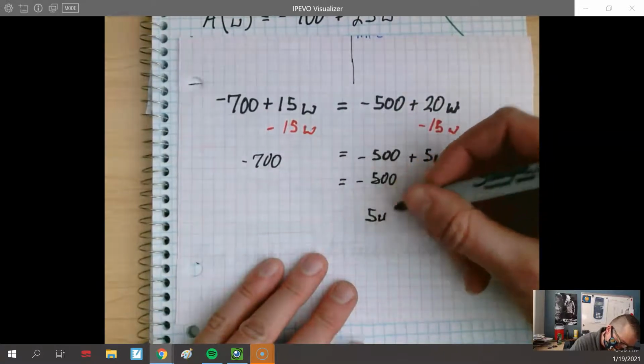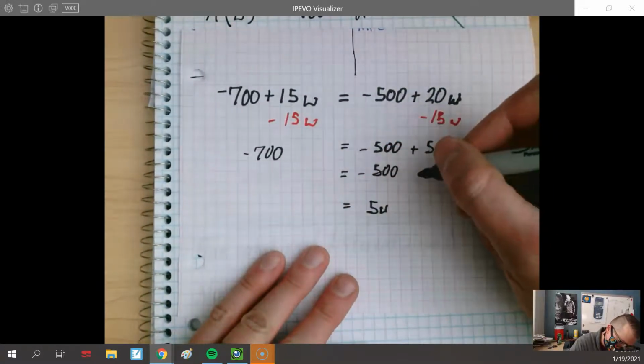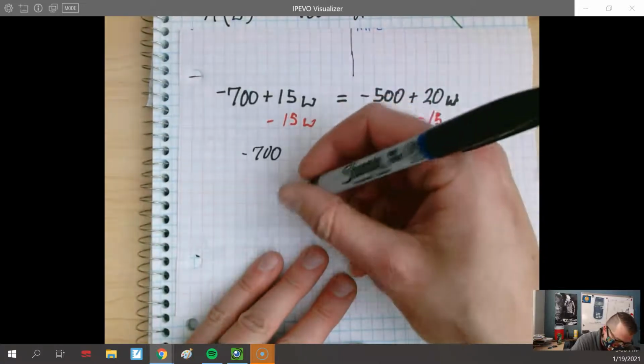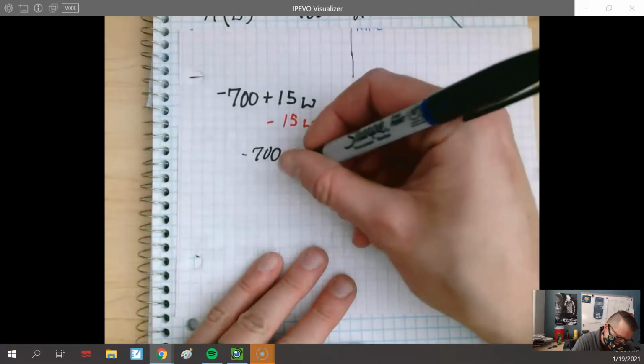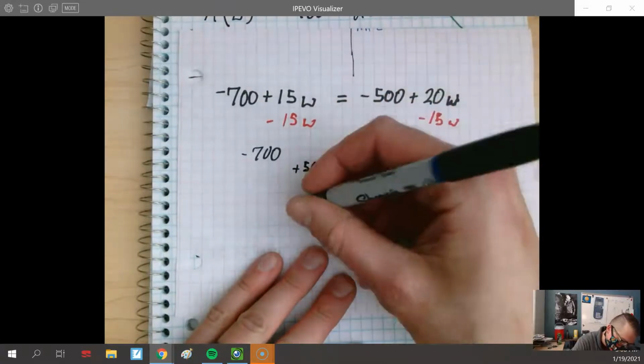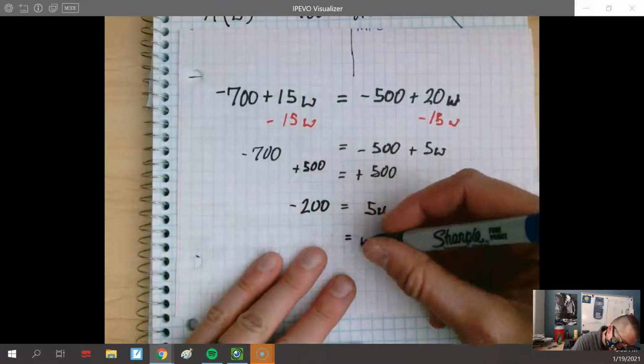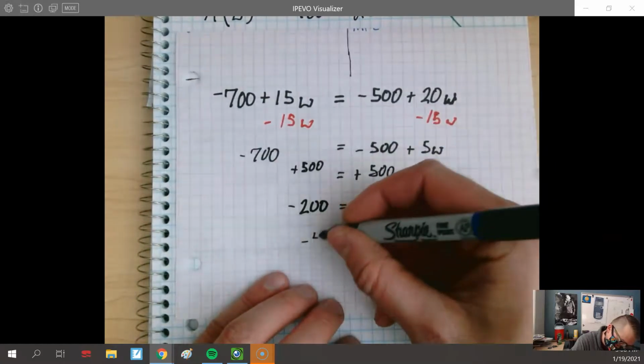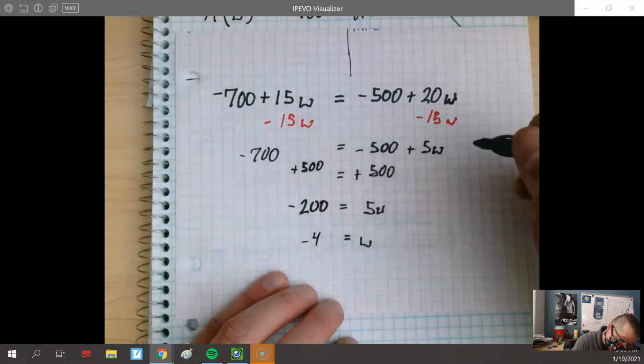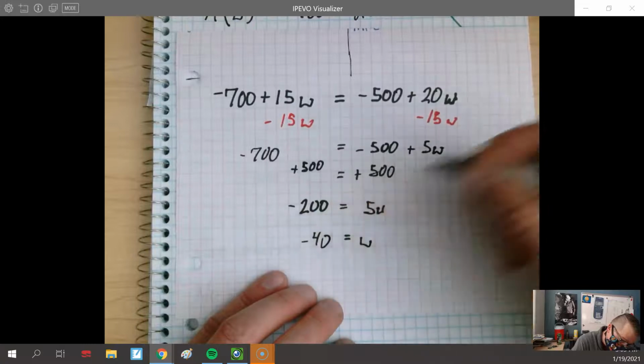You guys know what we're going to do here. If we add 500 to both sides, yes. Yeah, 40, right? Negative 40.